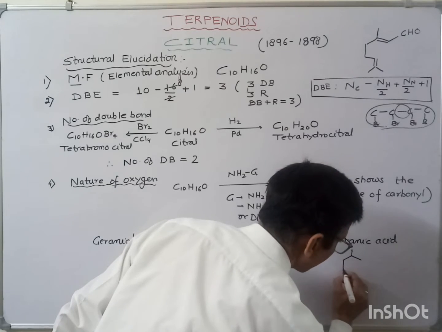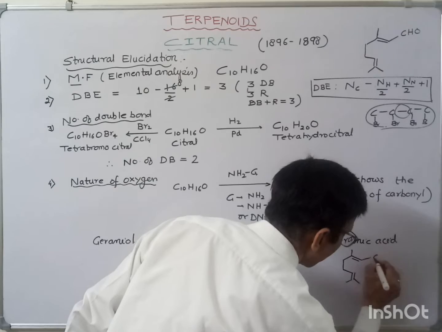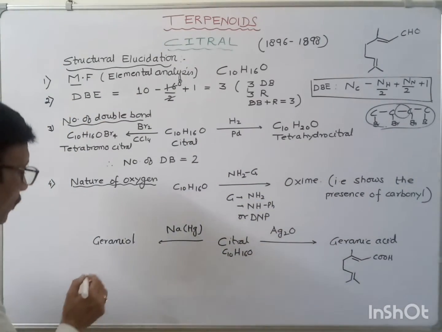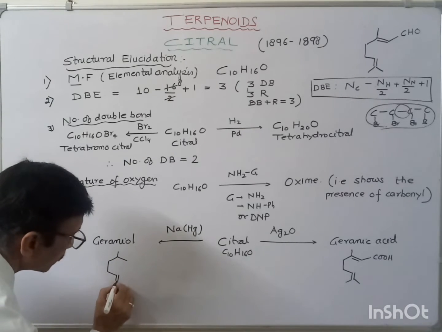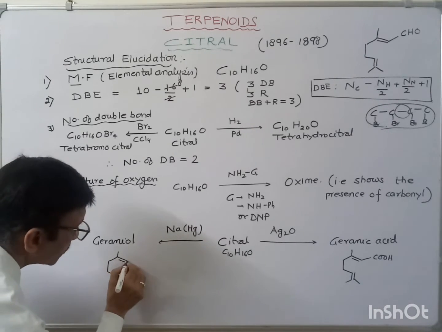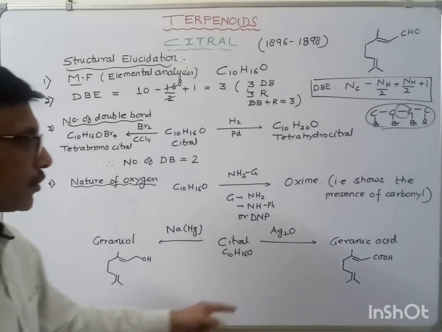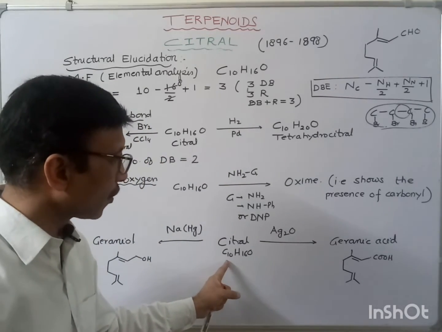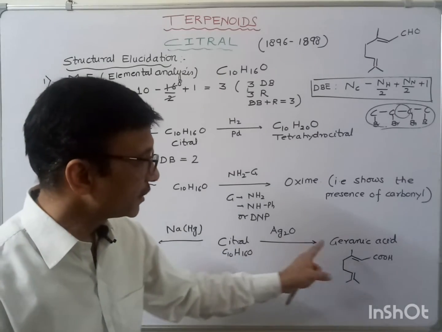So the structures of this geranic acid and geraniol were determined. The formation of this geranic acid means oxidation of citral occurs.